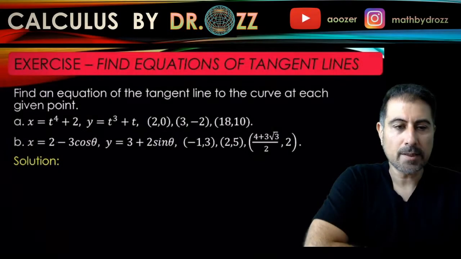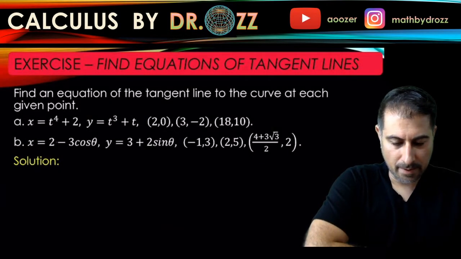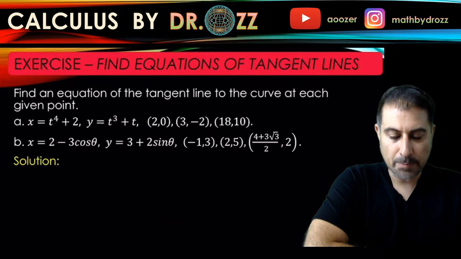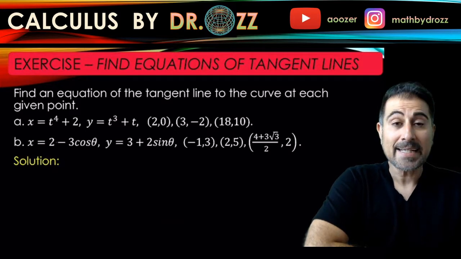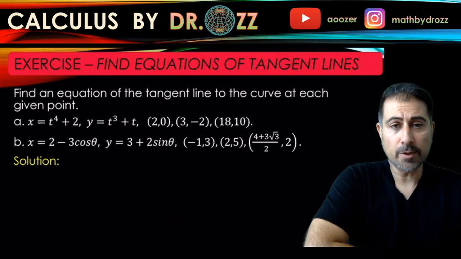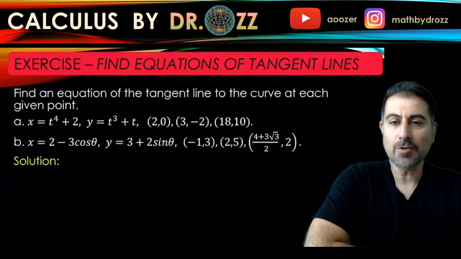Let's start with part A. This is one of the staple tasks of Calculus 1, which is finding equations of tangent lines for given curves, and to achieve that goal, we need the first derivative of the function.